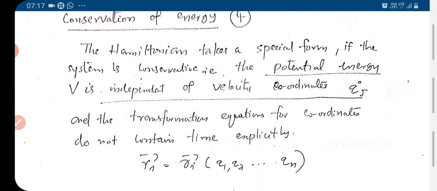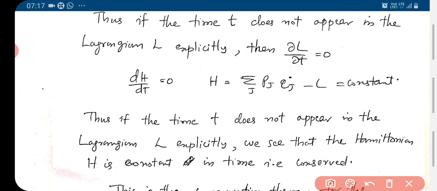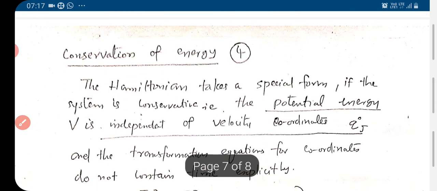Now the Hamiltonian, which we define like this, takes a special form if the system is conservative. The potential energy is independent of velocity coordinates q̇j.